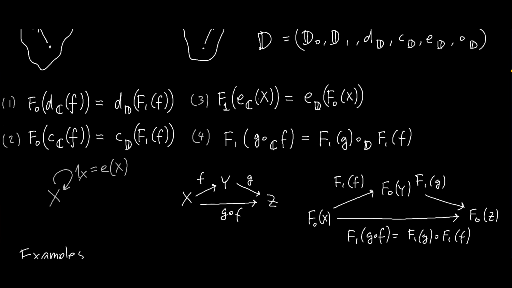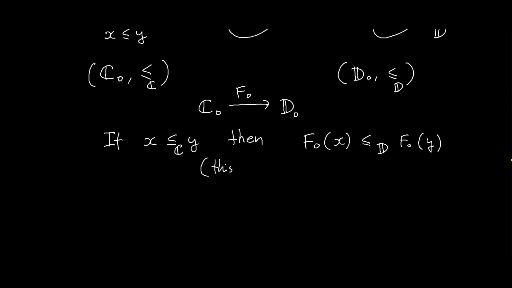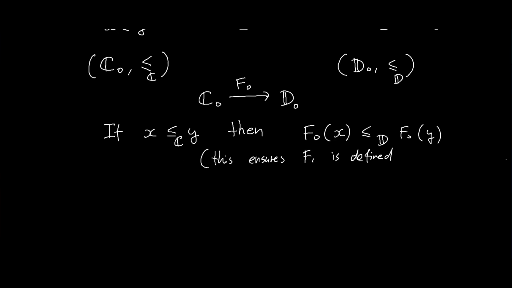It's a mixture of these two axioms together with the presence of F1, right? So this ensures F1 is defined, as well as 1 and 2 hold.